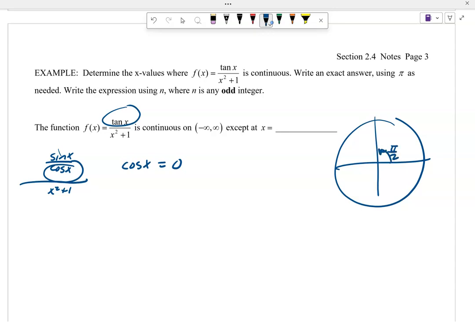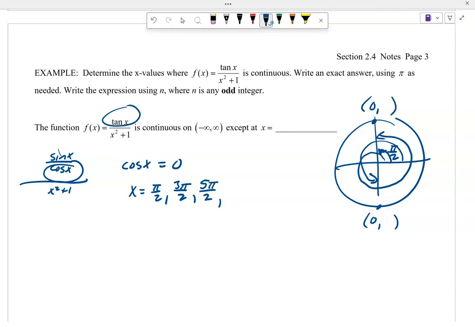Well, pi halves has a cosine of 0. 3 pi halves has a cosine of 0, right? So pi halves, 3 pi halves. I could go around once, plus pi halves, so 5 pi halves, and 7 pi halves, and so on, right?